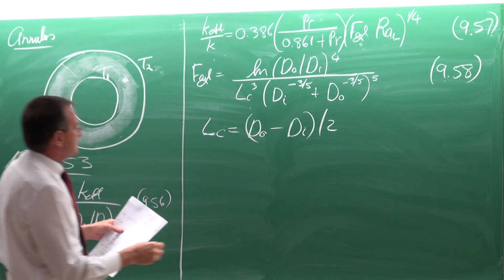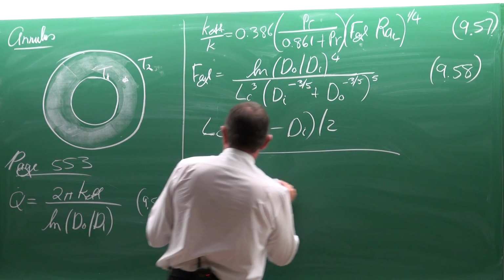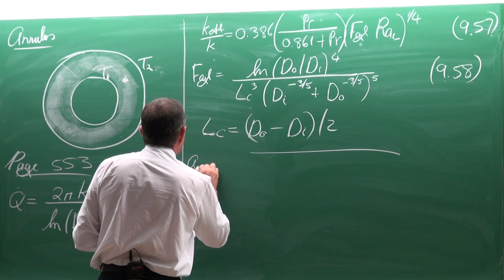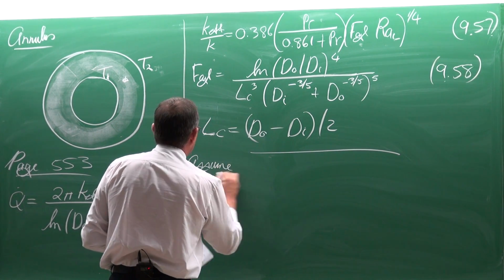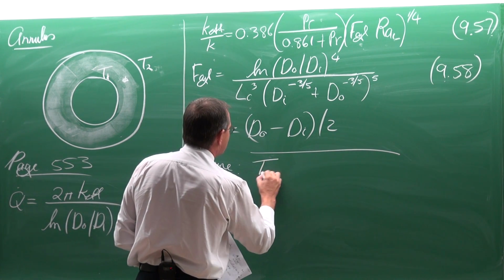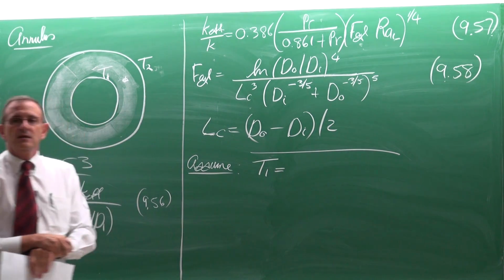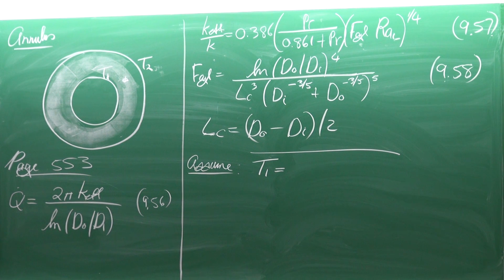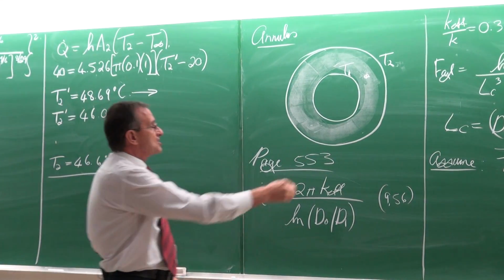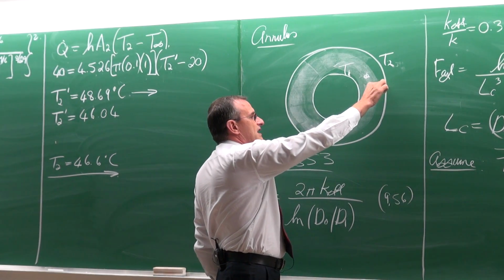So now that we know that, let's continue by again assuming the temperature of the aluminium, because we don't have it. We have determined now that the glass temperature is going to be about 47.